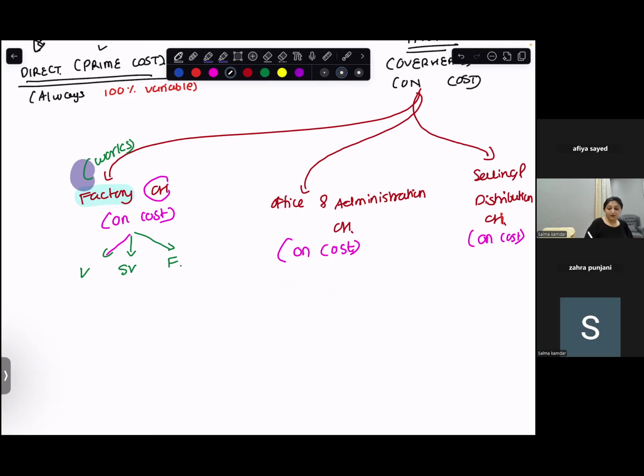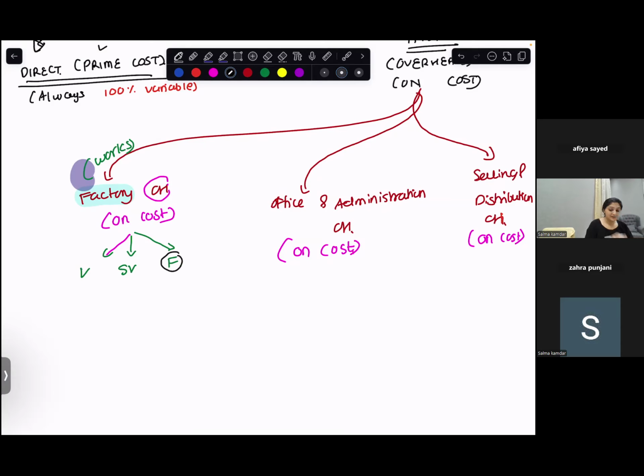What is fixed costs? When the price is fixed irrespective of the production. I charge you hourly. Variable or fixed? Fixed. How? Because it's not changing.